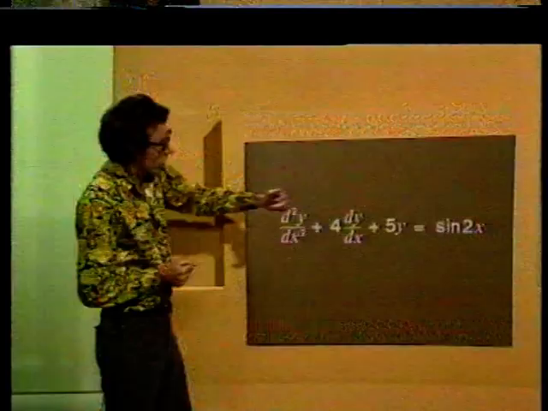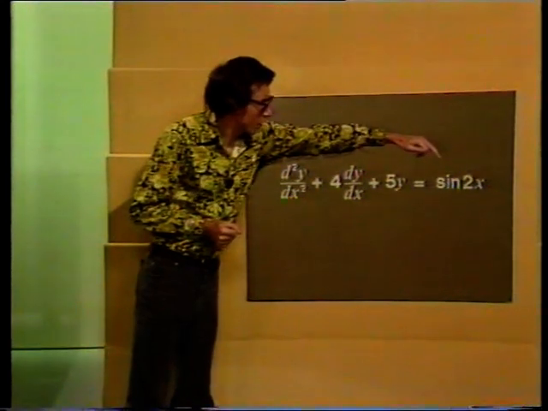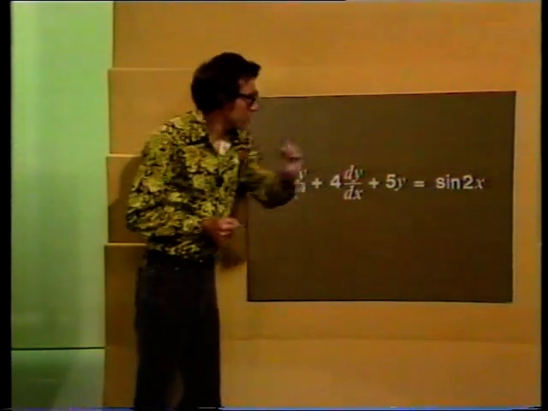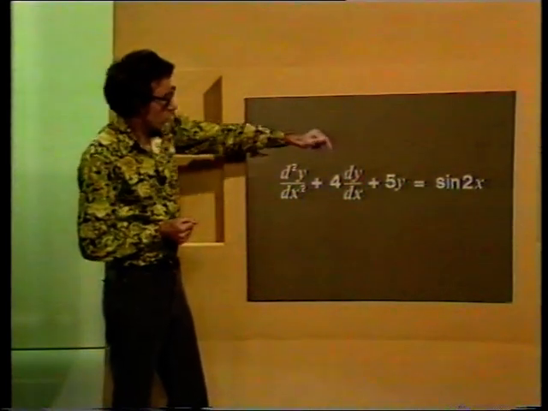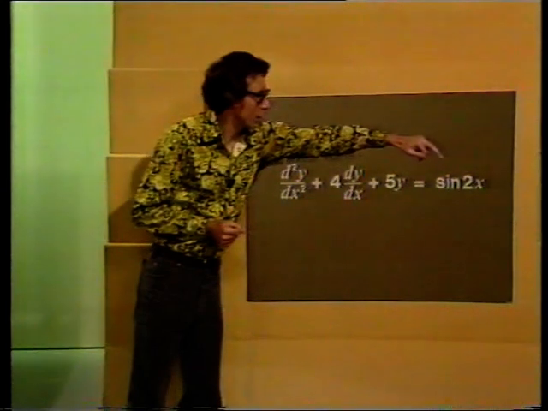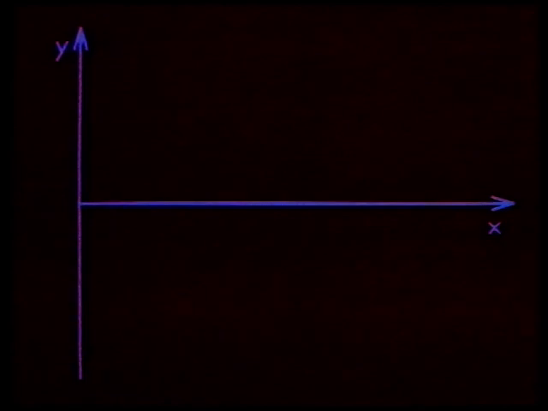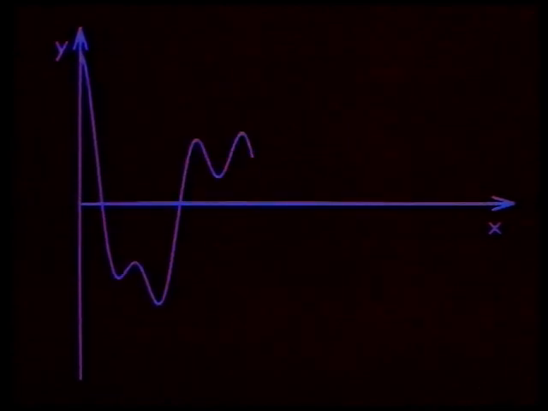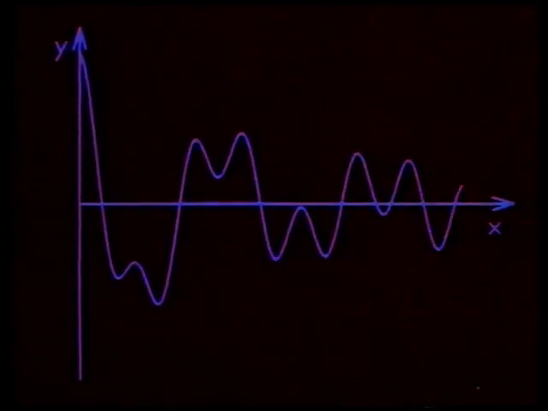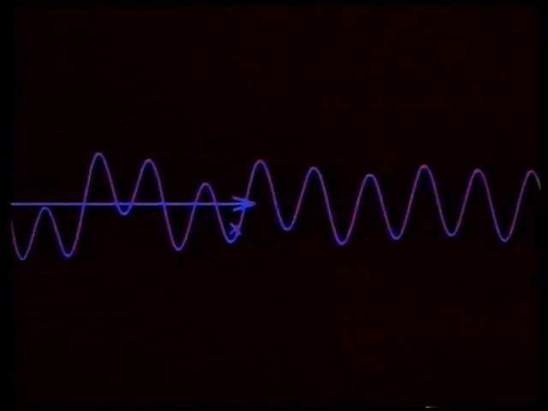Now I've got a term on the right-hand side of the equation, a sine term. I'm going to stick with this particular equation with these particular coefficients and that particular right-hand side. And let's look at a solution of this equation. It looks a bit complicated. But notice that after a while, it settles down to a pure sinusoid.